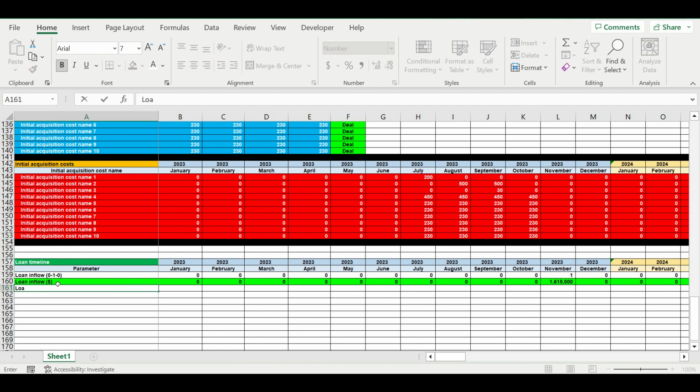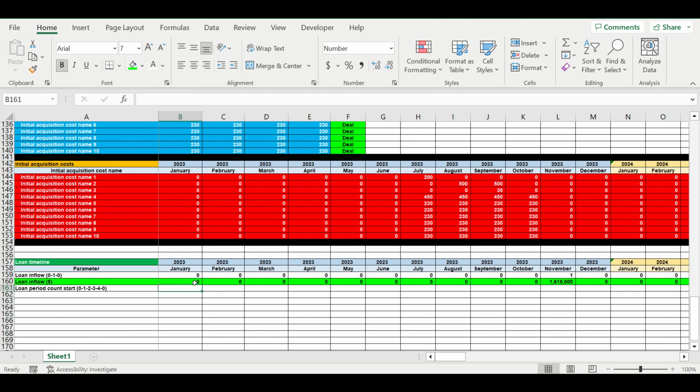Then loan count, loan period count, loan period count start.